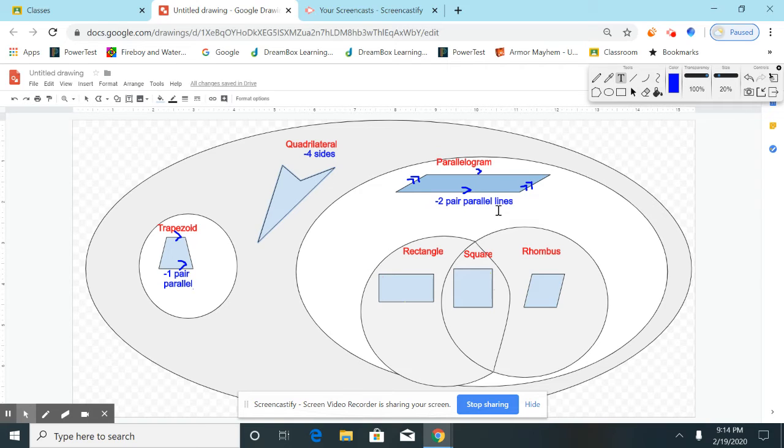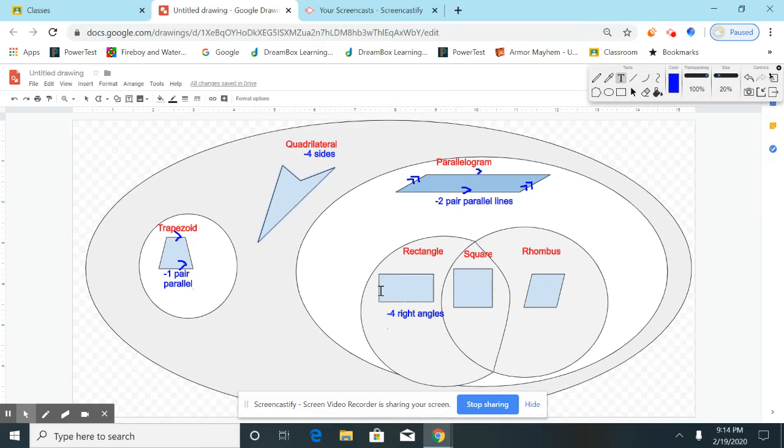Okay, looking down from here, we have rectangle, square, and rhombus left. Let's start right here with rectangle. So a rectangle, one of the things, you can see right away that it has four right angles. So four right angles.